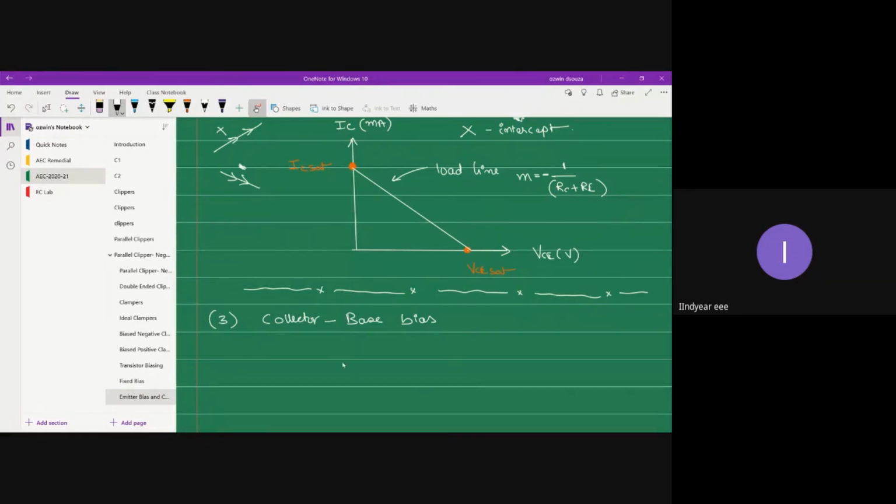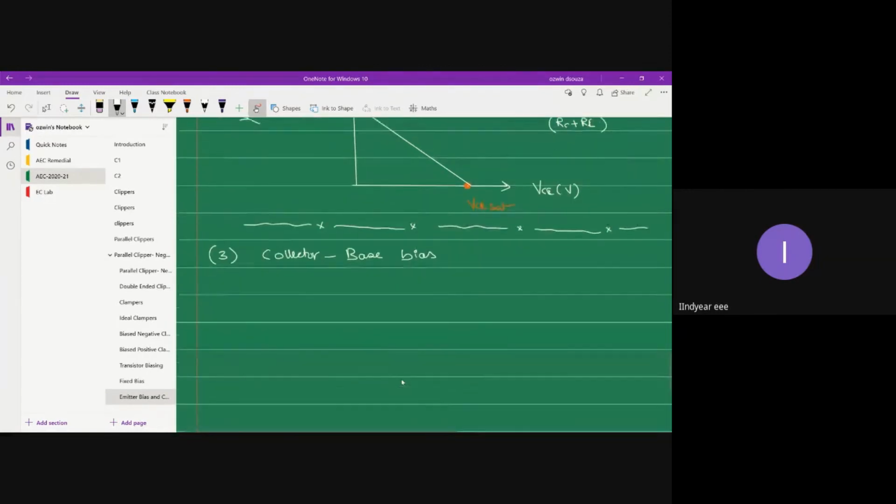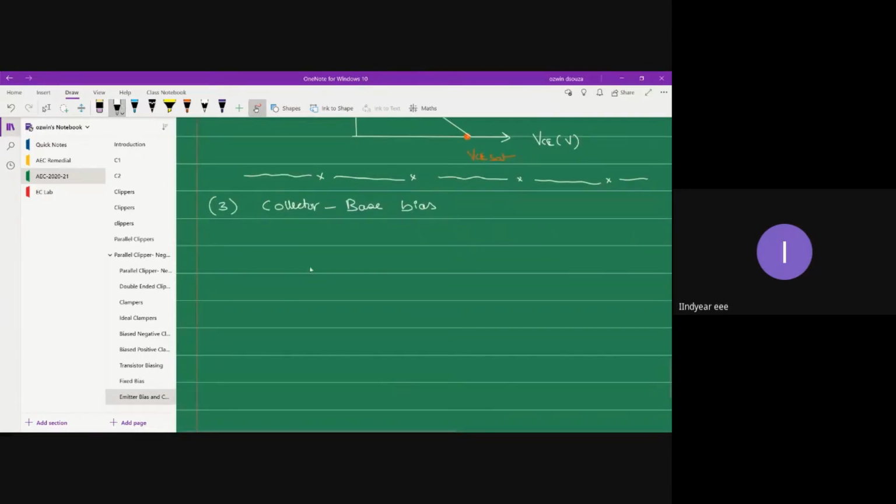So the circuit looks like this. The circuit diagram: the transistor, and this is your collector resistor. Now you have to be a little careful here.